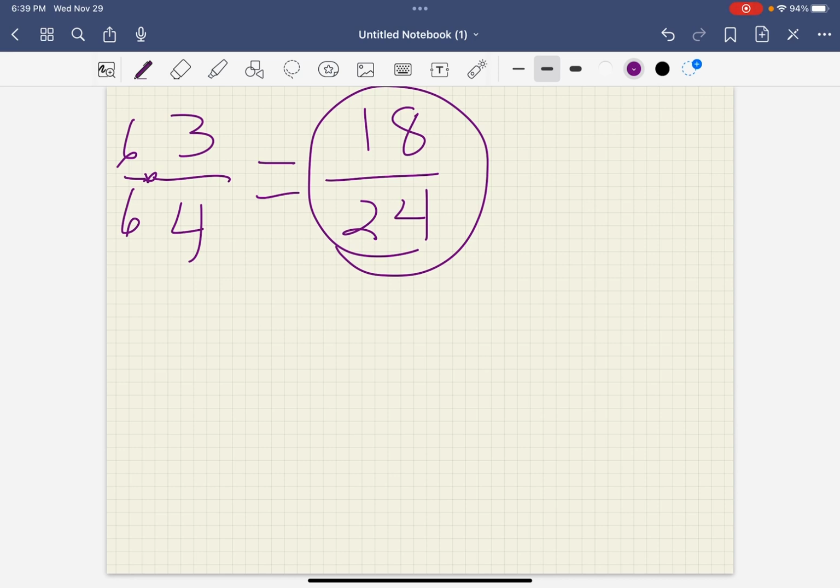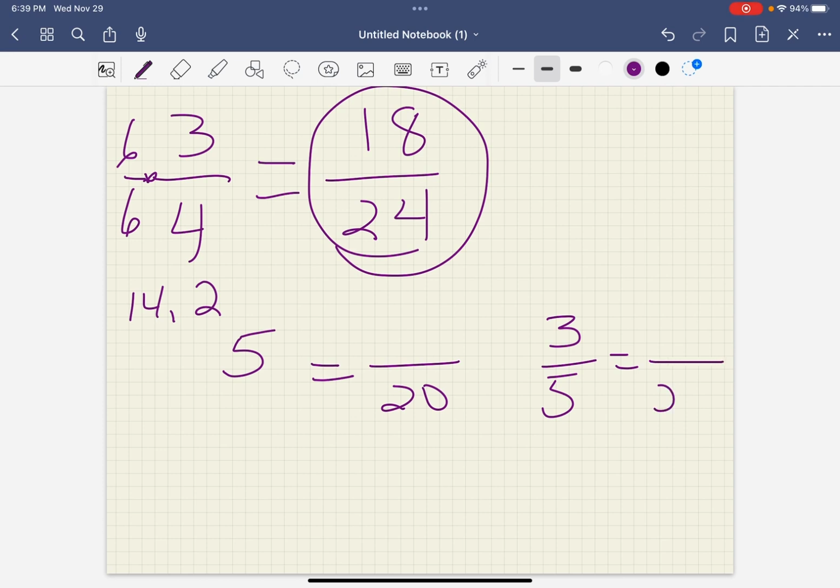Okay, then the next one, 14.2, says write each number with a denominator of 20. So we're going to go 5. Change that to a denominator of 20. And then the other one is 3/5. We're going to change that to a denominator of 20. All right. So remember, this isn't a fraction, so we need to make it into a fraction by putting it over 1.